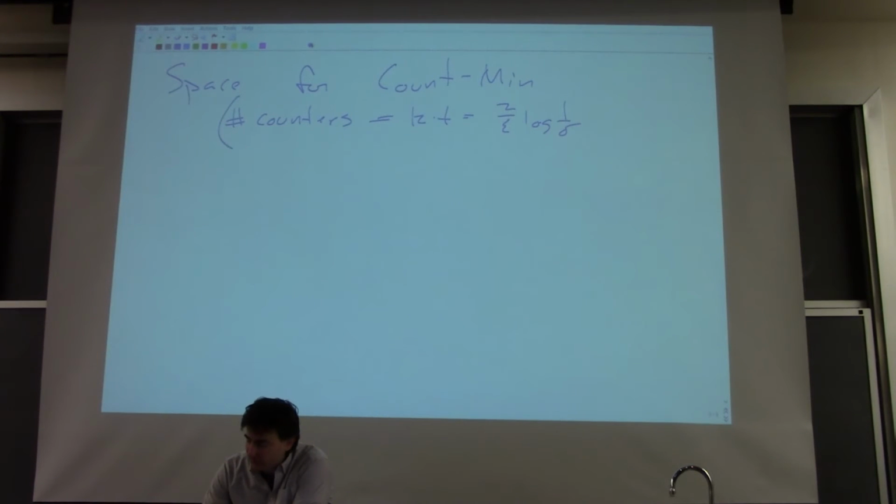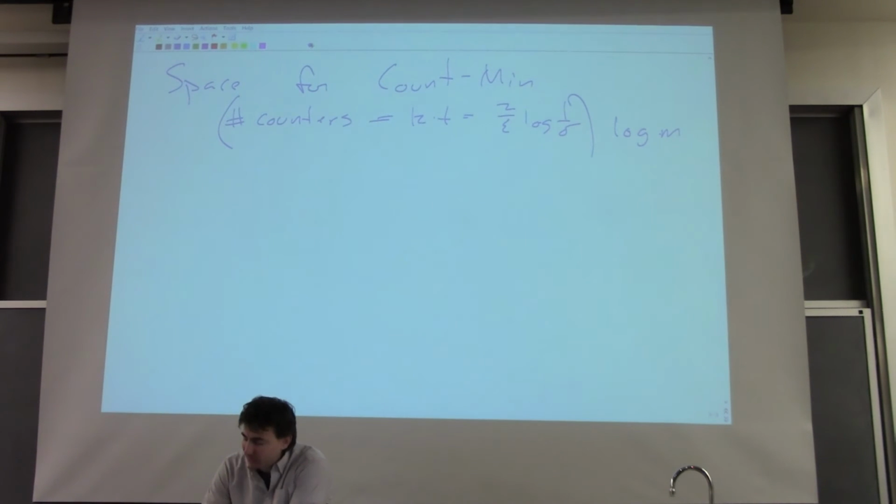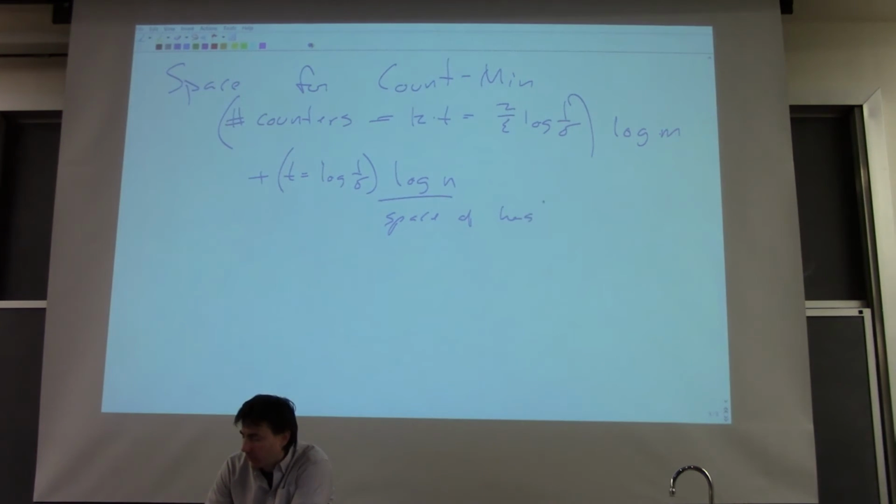And each of these counters had space log m. But we didn't need any labels, so how did we avoid using labels? Yeah, the hash functions. Turns out a hash function costs about as much as a label. So we had t equals log 1 over delta of these hash functions. So this is the space of one of the hash functions.